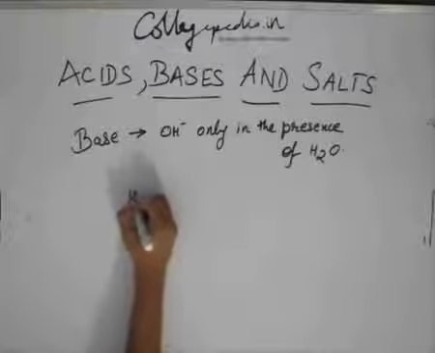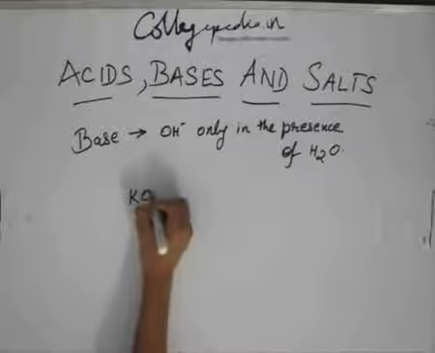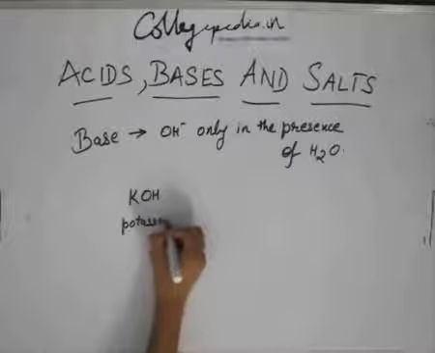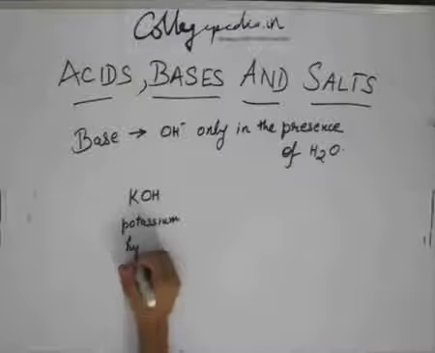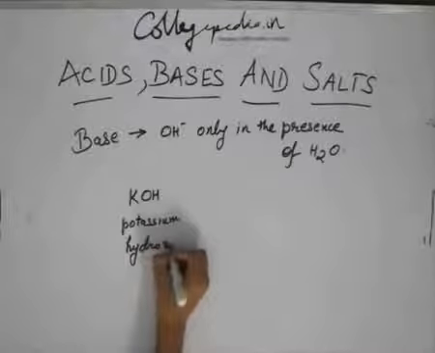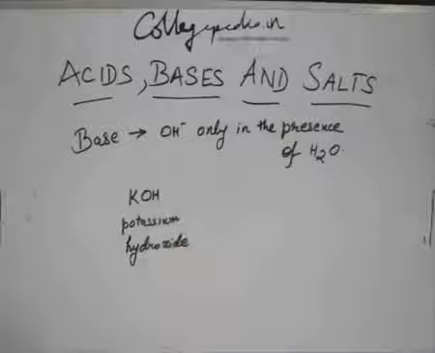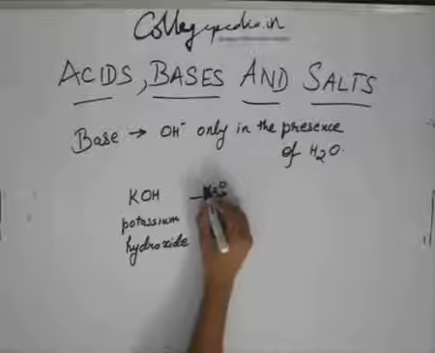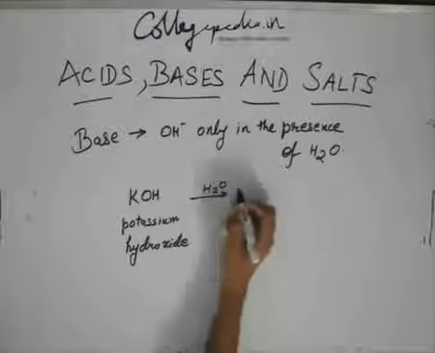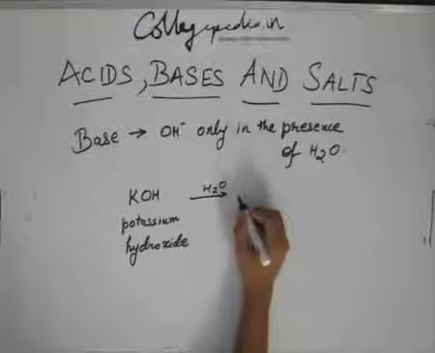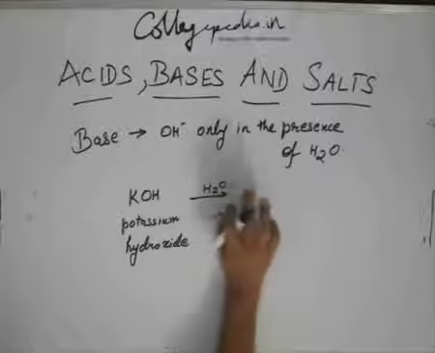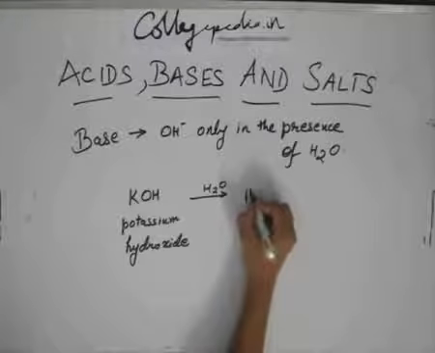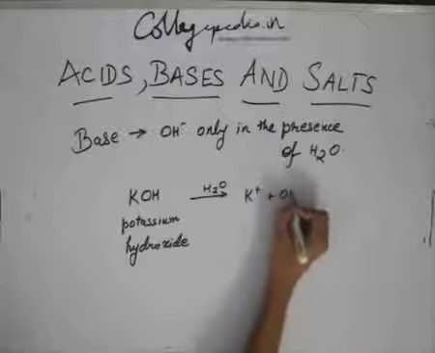Suppose we have KOH. What is this? Potassium hydroxide. And we add water to it. Here the hydronium ion is not formed. There is no ion formed that will get attached to the water. It's just plain dissociation of KOH into K plus and OH minus.